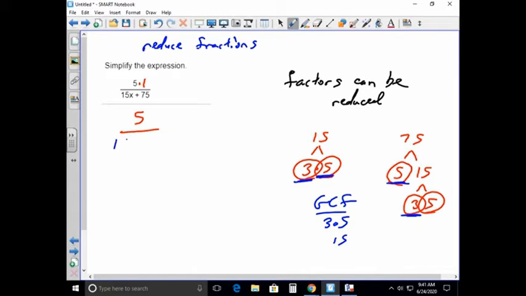So on bottom, if we pull a 15 out of 15x, we're left with an x. And 75 is 15 times 5. So if we pull the 15 out, we're left with a 5 there.